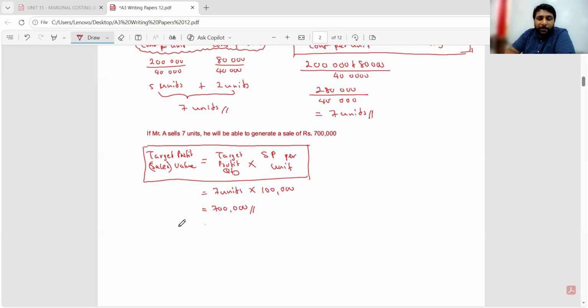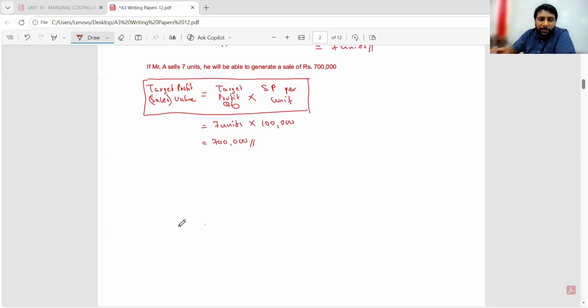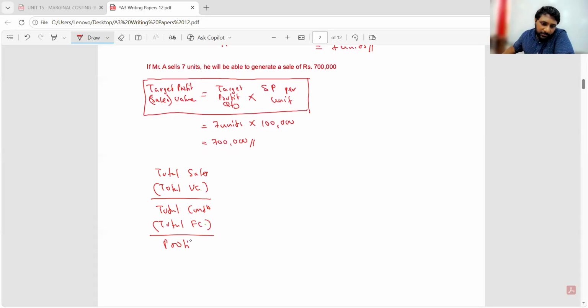Okay, now shall we prepare the marginal cost income statement? Quickly prepare it, people. We'll do it together. Total sales minus the total variable cost is the total contribution, minus the total fixed cost is the profit.